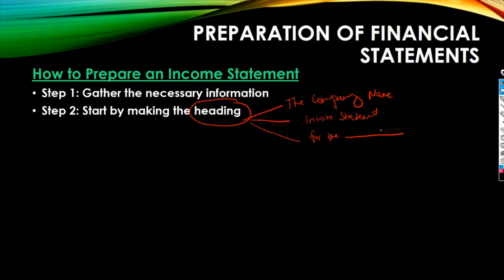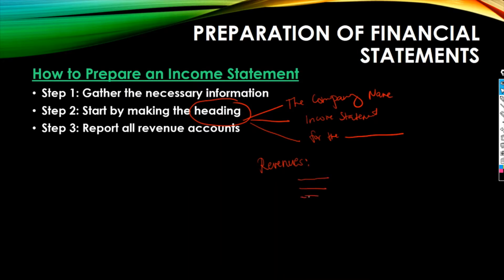For the year ended December or for the month ended January, depending. Next is to report all revenue accounts. After having your heading, the next part is the revenue section. You will put all the revenue that the company has here, for example, service income or whatever revenue the company rendered for that specific accounting period.